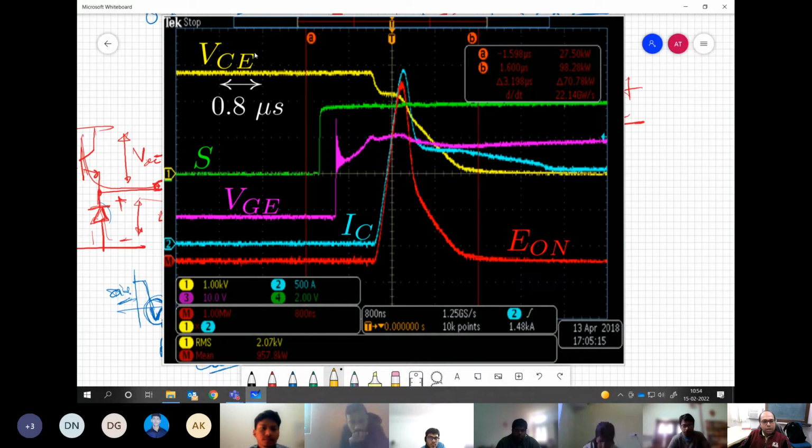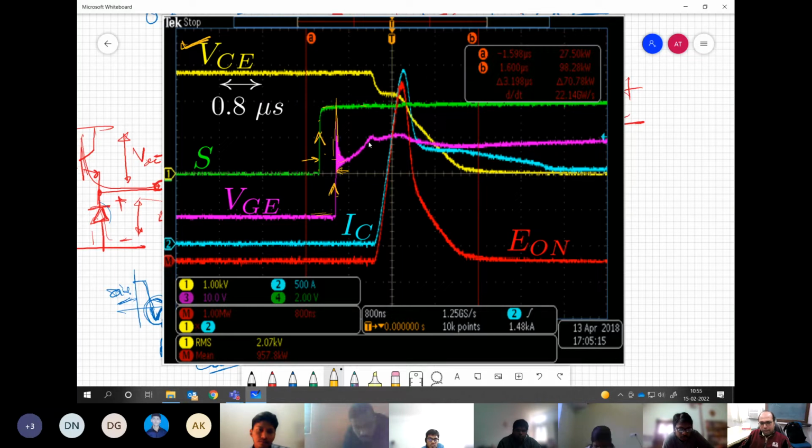So this is how my device voltage is. It is high, the device is off, and I am applying my gate pulse over here. This is the gate pulse applied. There is certain amount of delay, only after which my actual gate voltage has started changing. You see this delay? This is what I was talking about, the initial delay, which is happening because you apply the pulse and the device reacts to that.